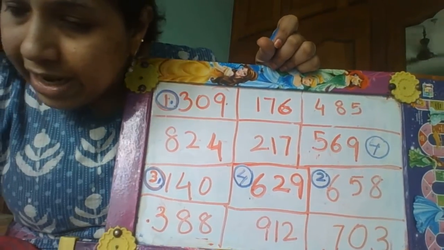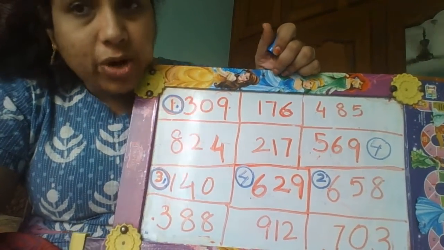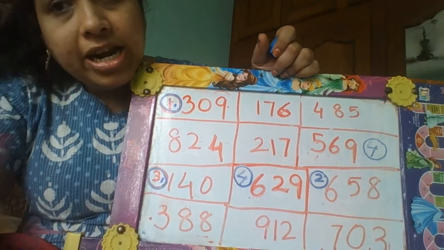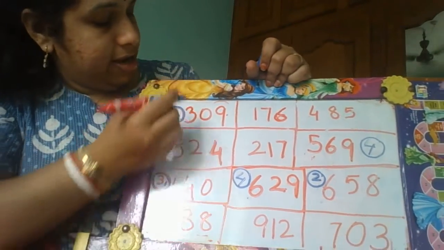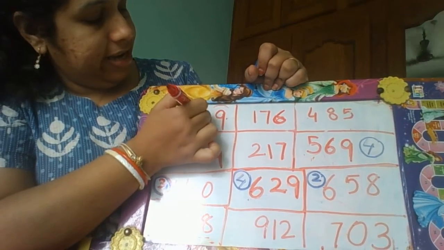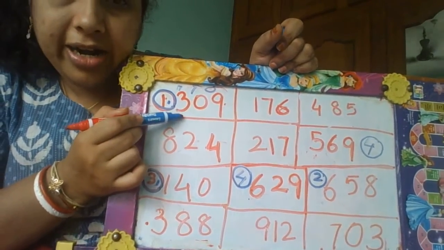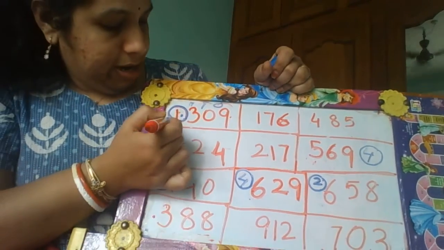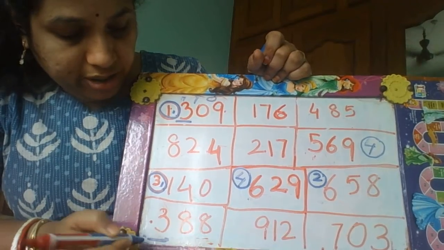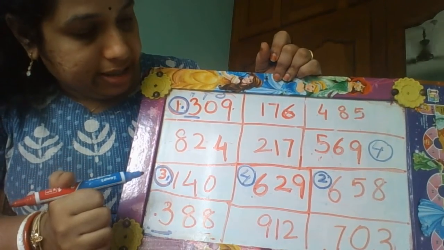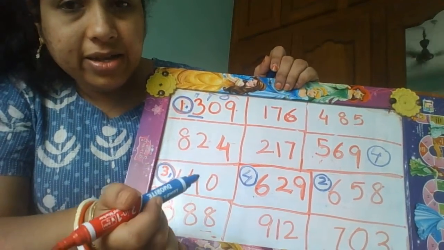A number that has 3 hundreds. That means what, children? We have to look for number 3 in the hundreds place. Hundreds, tens, ones. Number 3 in the hundreds place. Underline where number 3 is in the hundreds place. So there are two numbers. Do we have any other number in 300?